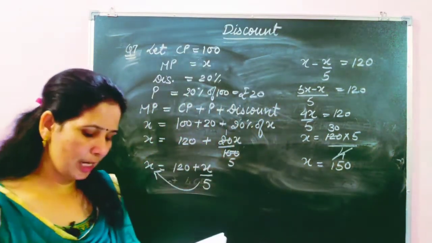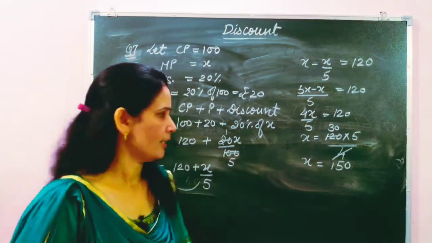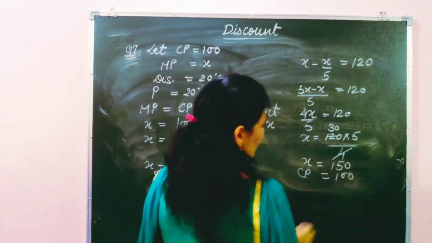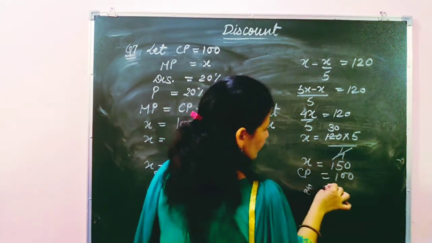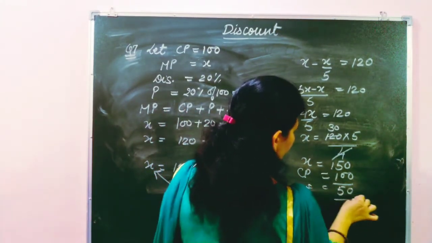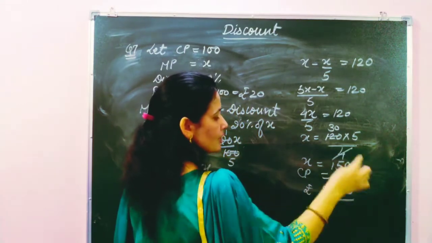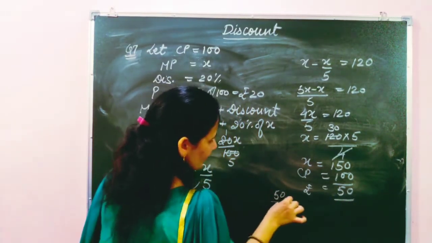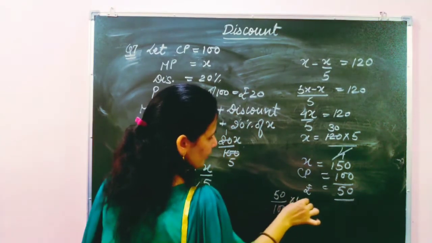So students, the mark price is 150, but the cost price is 100. How much more is this? That is rupees 50. Rupees 50 means 50% of the cost price. Can we find it easily? 50 divided by cost price 100 multiplied by 100.